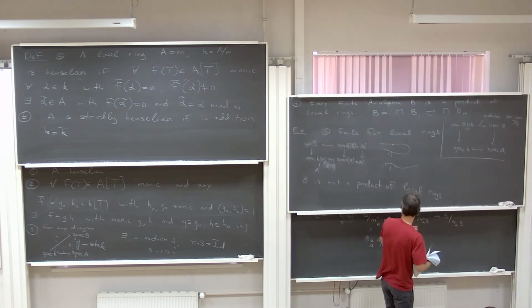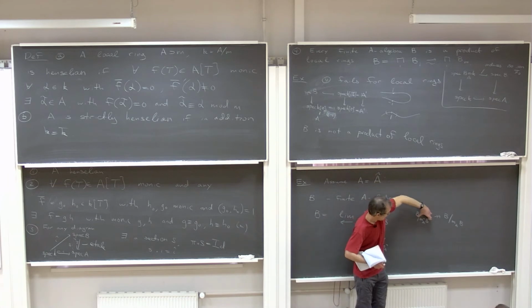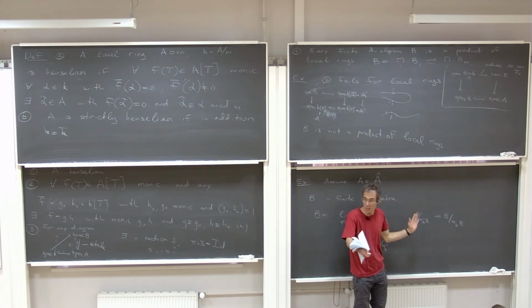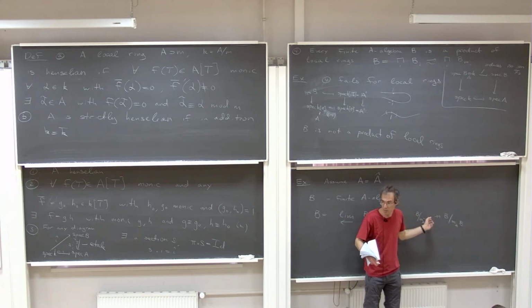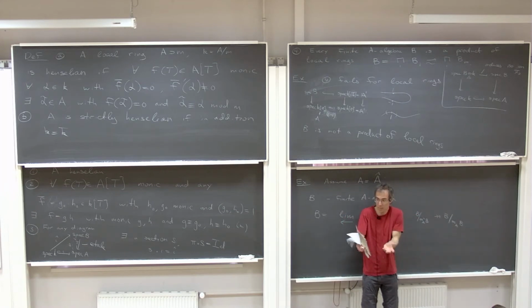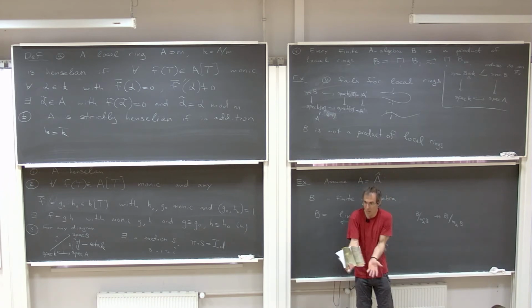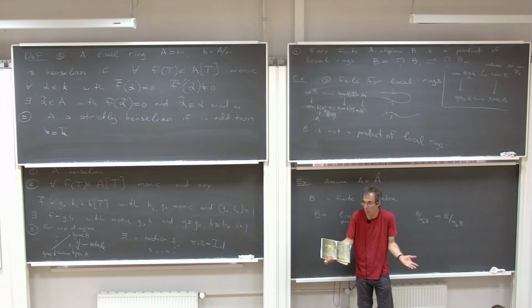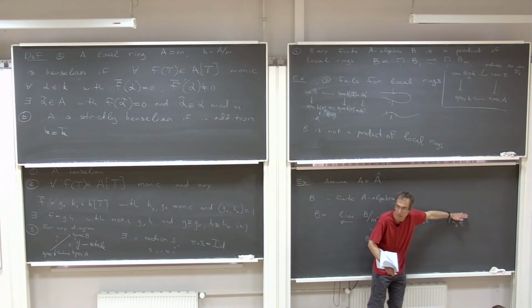But definitely, this is an infinitesimal thickening. So if you think in terms of spectra, this has the same connected components, right? If one scheme is an infinitesimal thickening of the other, then the underlying topological spaces are the same. So in particular, idempotents here are the same as idempotents here.